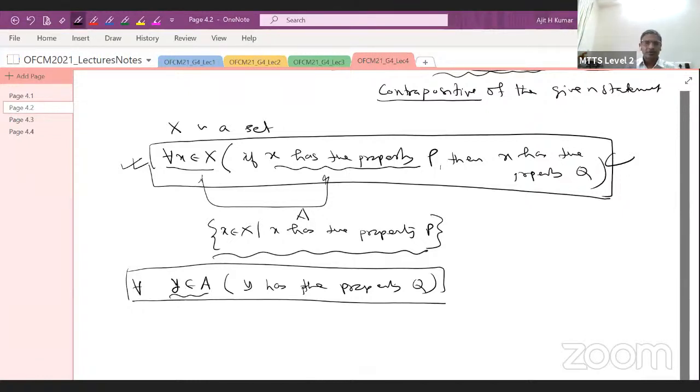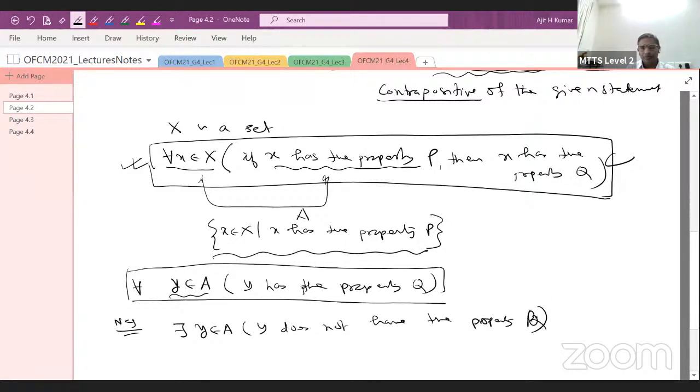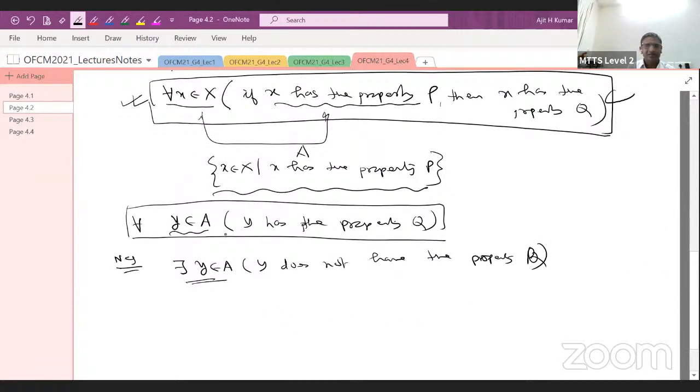Okay, good. So now what will its negation be? That is quite clear, right? The negation will be: there exists some y in A such that y does not have the property Q. But then again, I can put it back in this form.